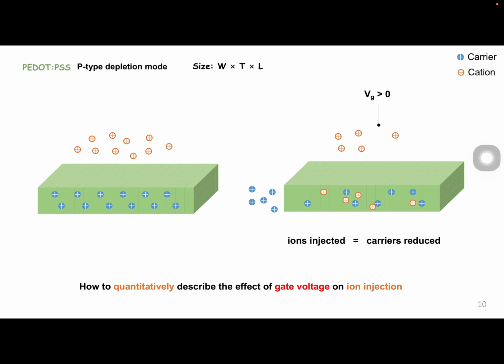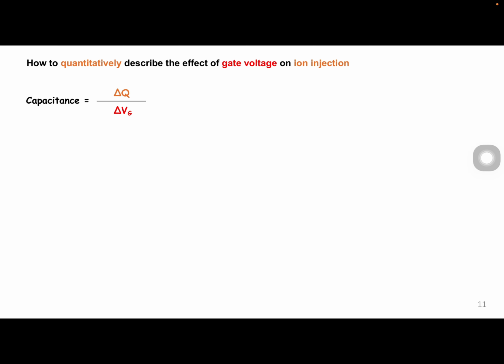So, how to quantitatively describe the effect of gate voltage on ion injection? The answer is capacitance. It equals delta Q divided by delta Vg, and gate voltage corresponds to the delta Vg.